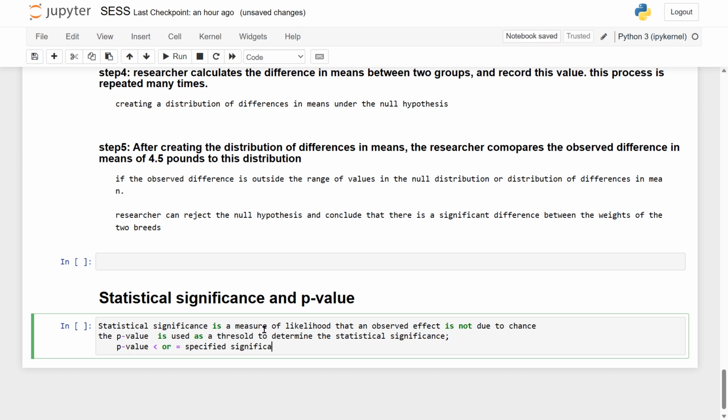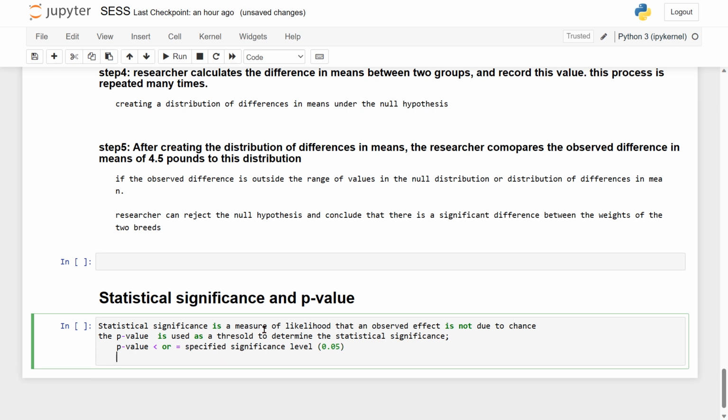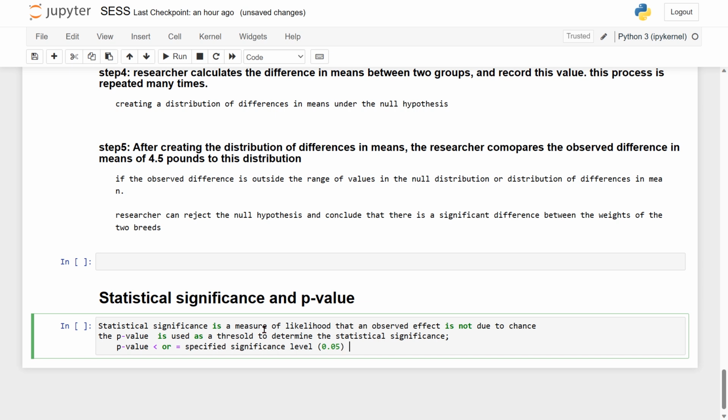Normally we take 0.05. So when the p-value is less than or equal to the specified significance level of 0.05, it is considered to be statistically significant. If this condition matches, we consider this as statistically significant.